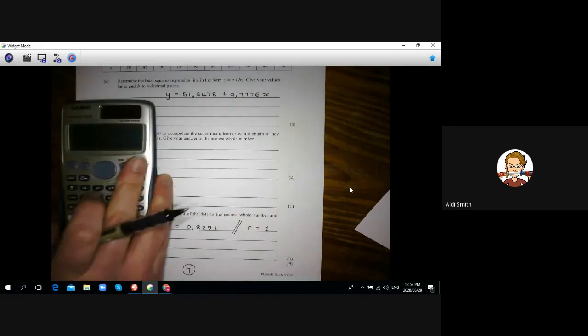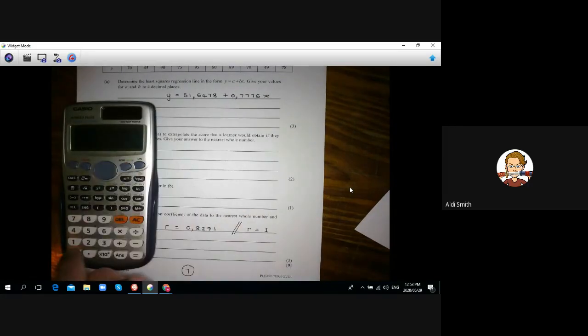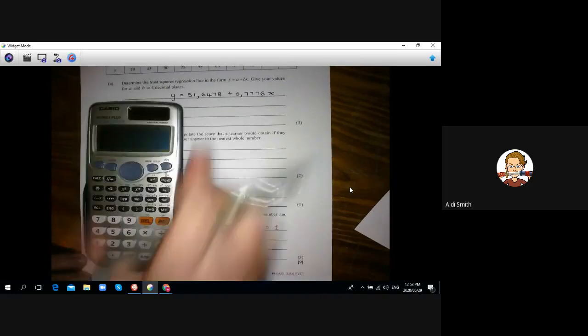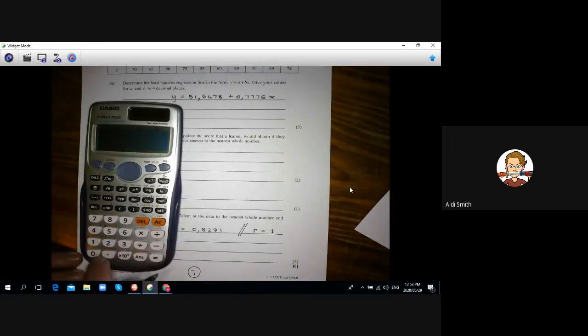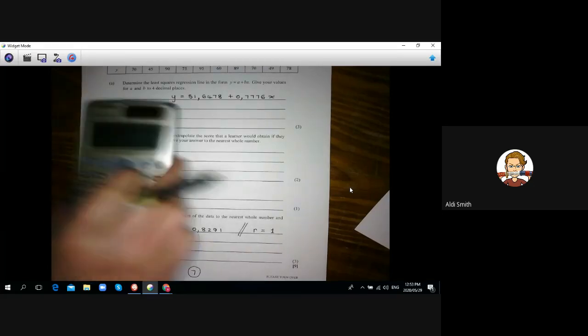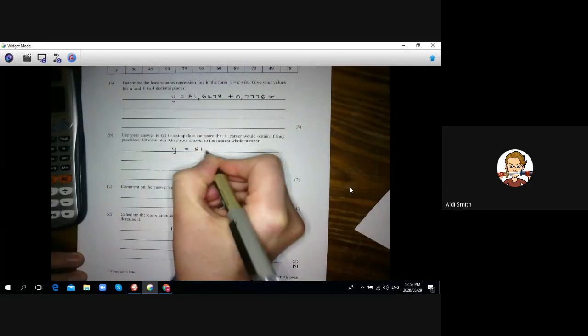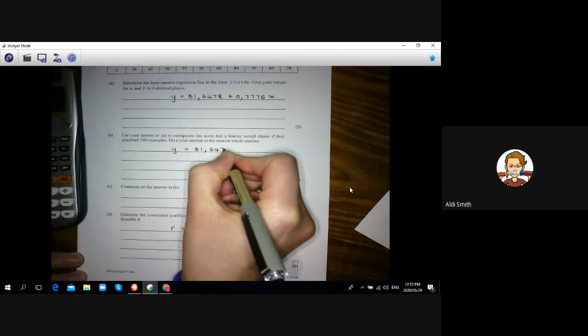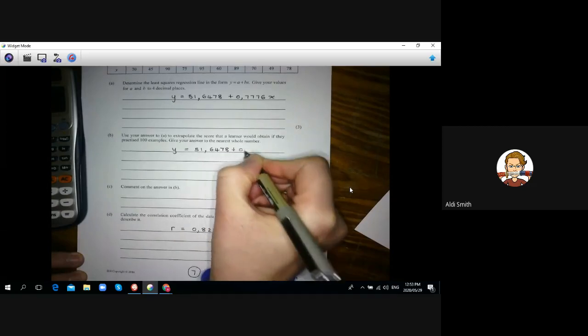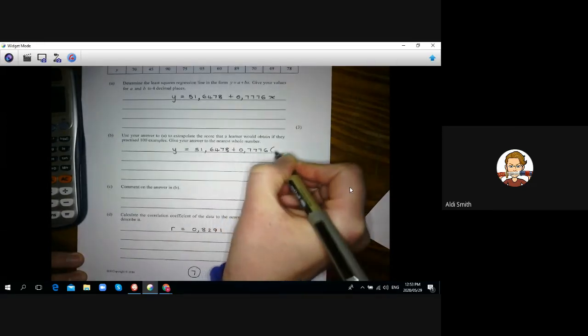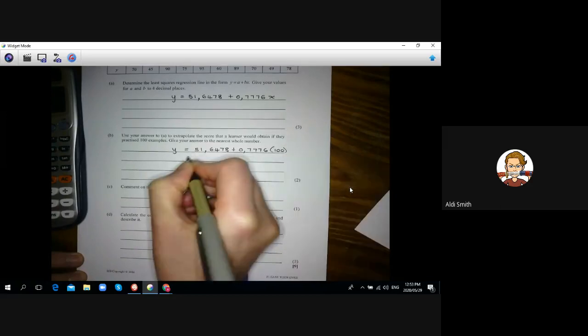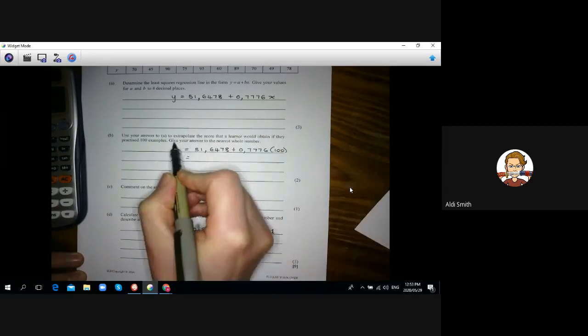So we can just change this to calculator mode, and I can then put that in there: 51.6478 plus 0.7776 times 100. And they say, give your answer to the nearest whole number.